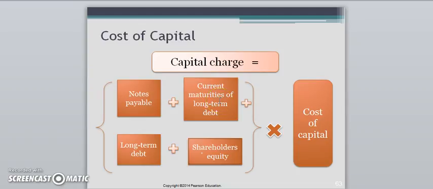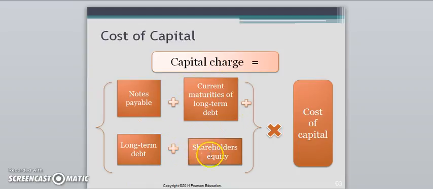So let's say you've got a mortgage of 10 years, and guess what? It's coming due this year. You add that, plus your long-term debt, and then the shareholders' equity, and that gets you the cost of capital.